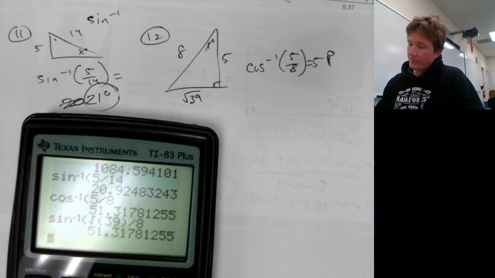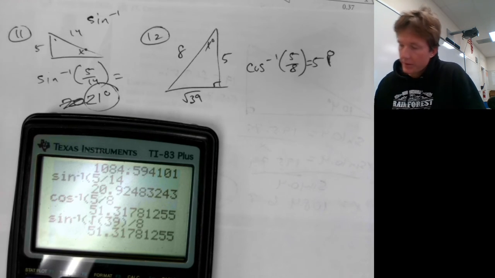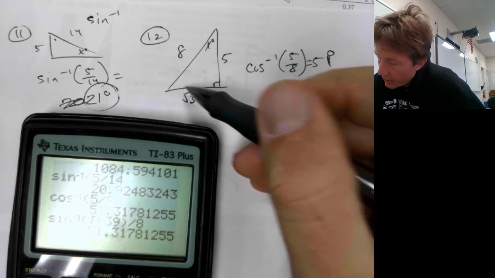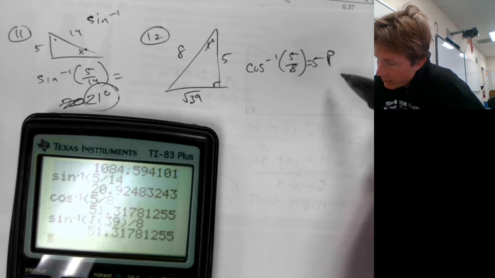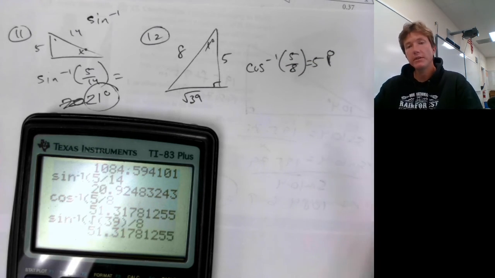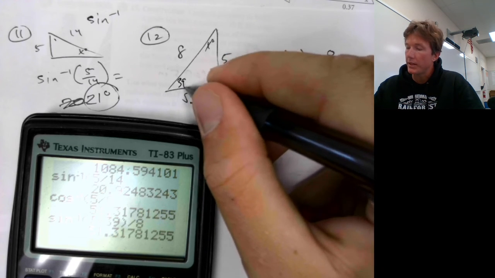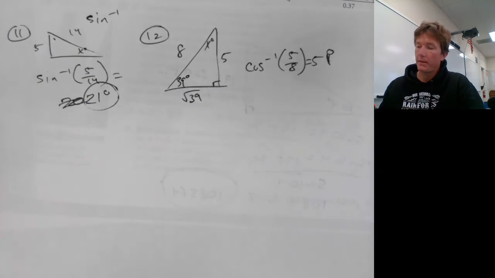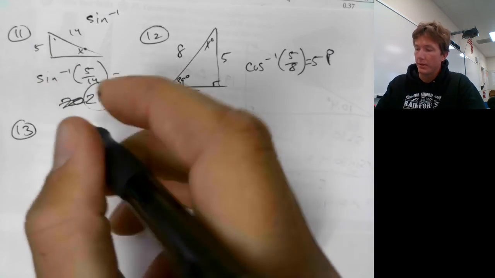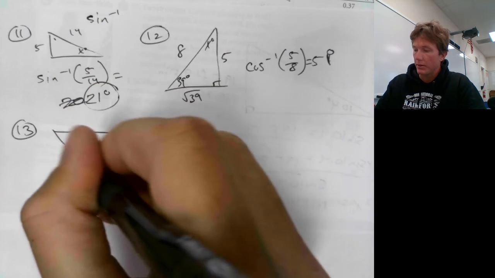Okay. Interestingly, if you did inverse cosine of root 39 over 8, you would get 90 minus 51, which would be 39 degrees. So you'd be able to find out what that angle is if you used inverse geometry for those.